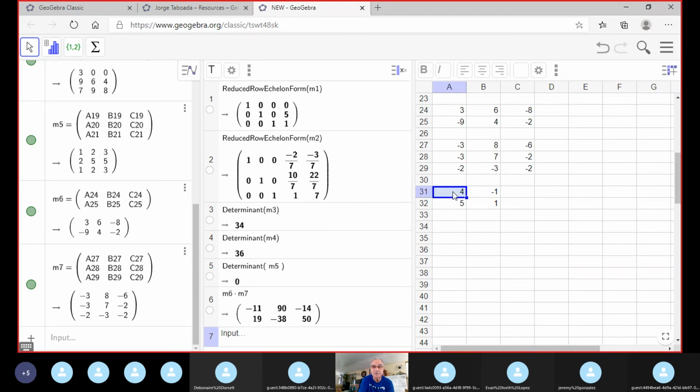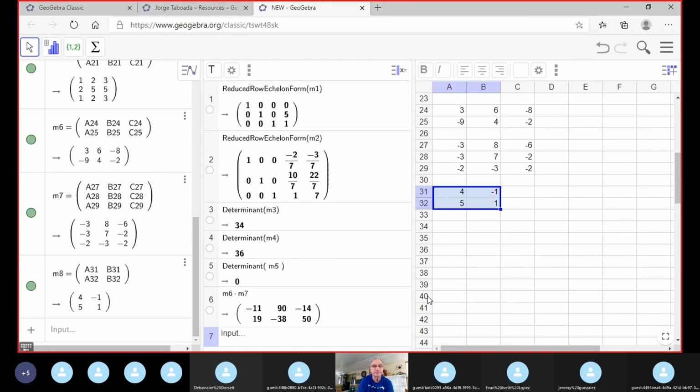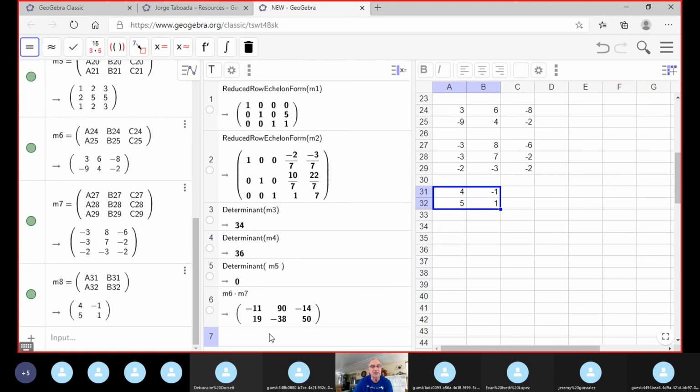and create the matrix. Right click, create matrix. And the name of this matrix is M8, I suppose. Okay. I go to CAS, and you put Invert. This is the weird spelling, Invert. Not Inverse, Invert.